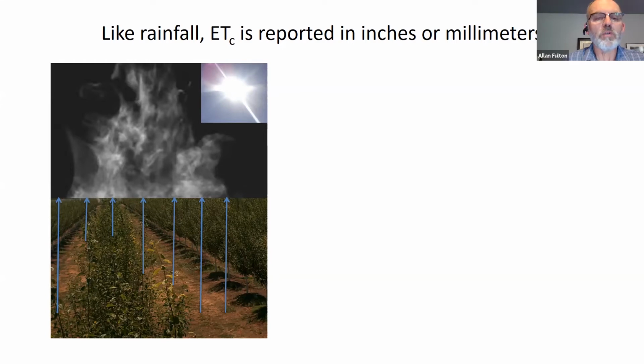In between the tree rows is the orchard middles that can have various types and amounts of vegetation. Despite this complex nature of the orchard, crop evapotranspiration is viewed as coming off the entire surface of the orchard. And for this reason, ET is reported as a depth like inches, very similar to rainfall.